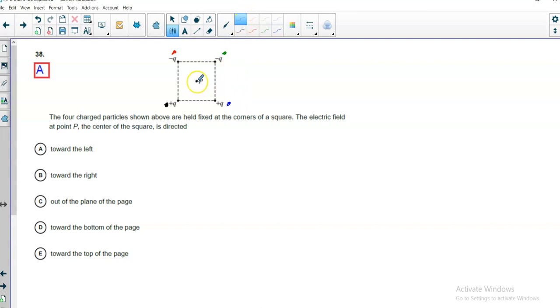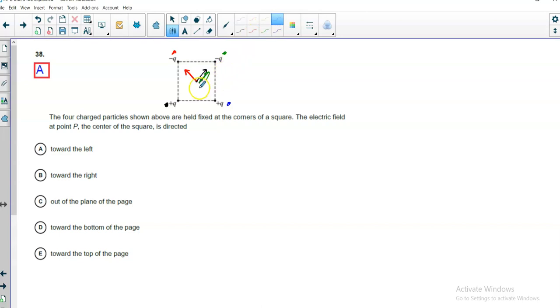For the black, it's going to be pushed away 1 unit, like that. For the red, it's going to be pulled toward, the field's going to be directed towards there, 1 unit. For the green, it's going to be directed towards 1 unit, so it's also going to be in this direction, same as the black.